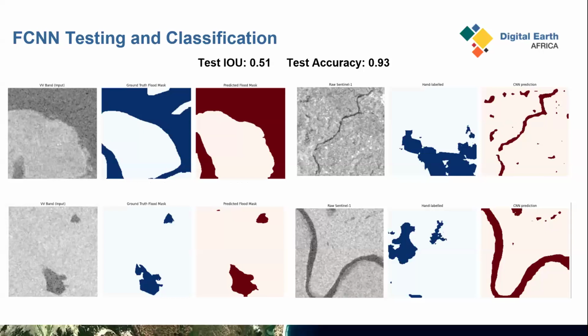I just realized I forgot to rename those. But the ground truth mask, which is what was given to us as part of the testing data, our model was able to predict pretty well, matching what we see on the imagery as well as what the labeled ground truth mask tells us.